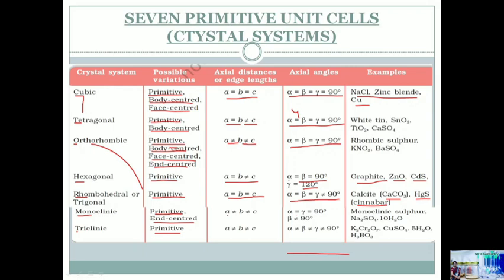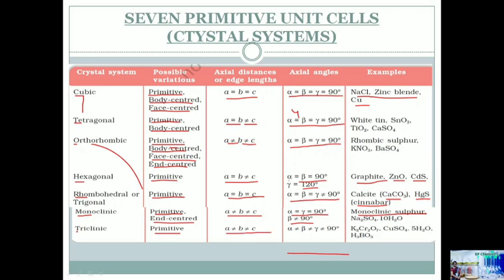Then monoclinic, A is not equal to B, not equal to C, and here two interfacial angles are 90 and another one is not equal to 90. And an example easy to remember is monoclinic sulfur. Then the primitive unit cell is observed in triclinic, and triclinic is the most distorted one.